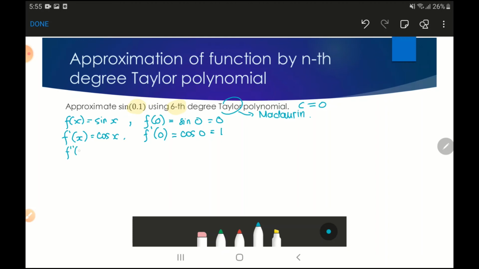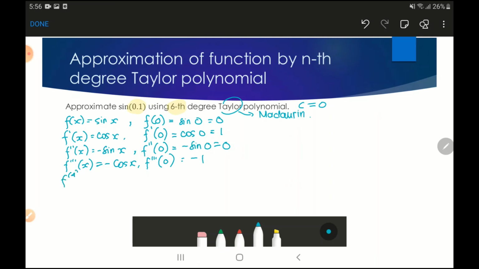The second derivative is minus sin x, so f double prime 0 is minus sin 0, which is just 0. Continue, the derivative of this is minus cos x, so f triple prime 0 is minus 1.